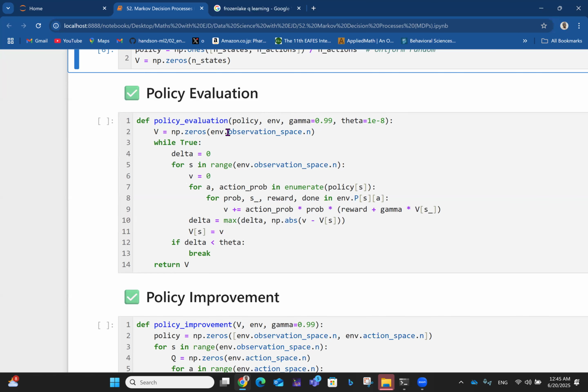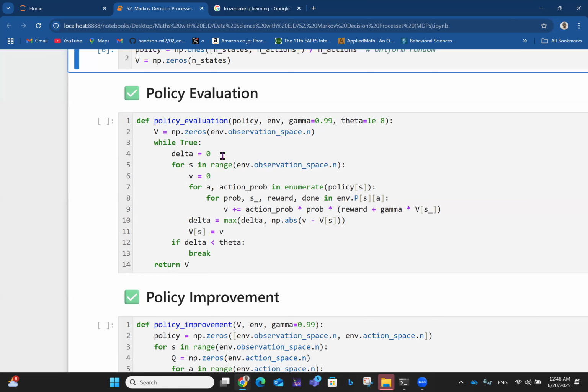So V is np.zeros of environment.observation_space.n. While True, delta is 0. For s in range of the states, v is V[s]. For a, action probability, in enumerate of the policy for s, for probability, next state, reward, done in the environment, you have V[s] plus equals action probability times probability times reward plus gamma times V of next state, all the maths you've been doing so far.